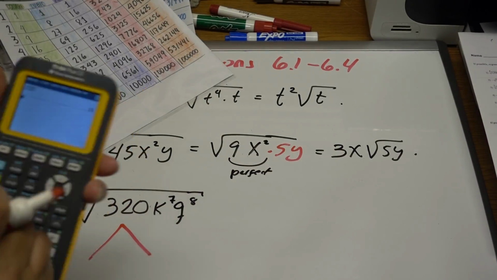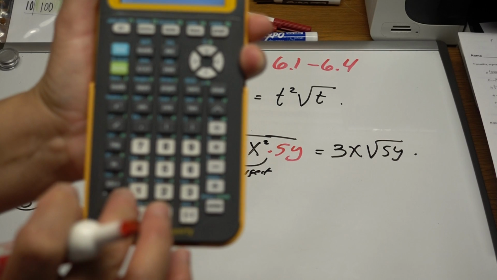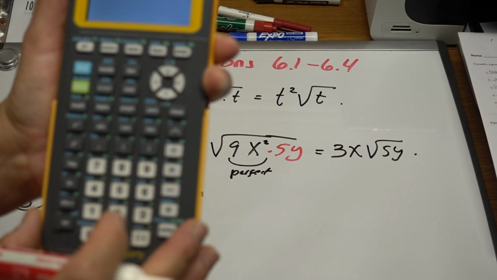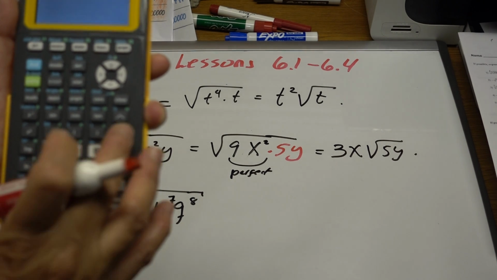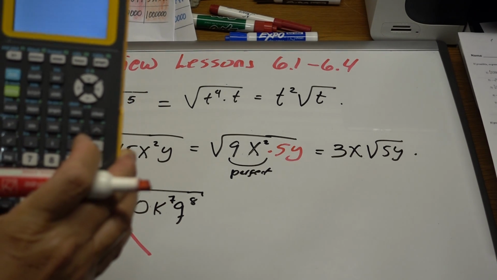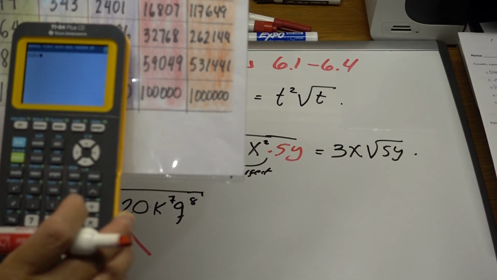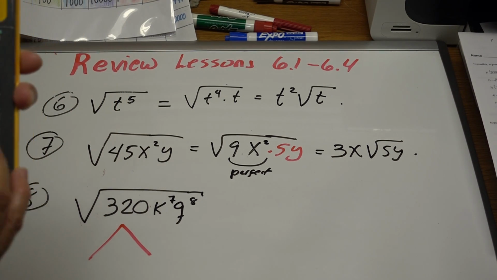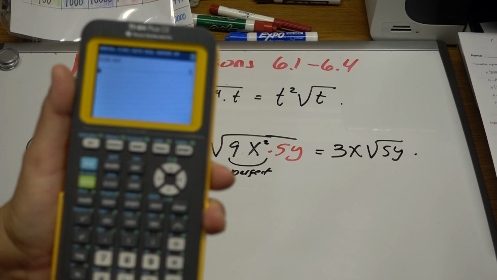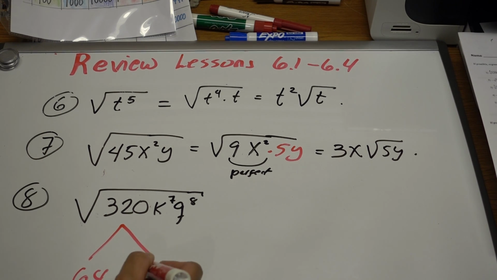The square root of 320 is 17.88, so it's not perfect. So we need to break it down into numbers. What you start doing is dividing 320 by every single number here in the square root column, and you're going to find that you get a perfect answer when you divide it by 64. You have practice, we did this in class. When you divide this by 64, you obtain 5. So you have 64 times 5.